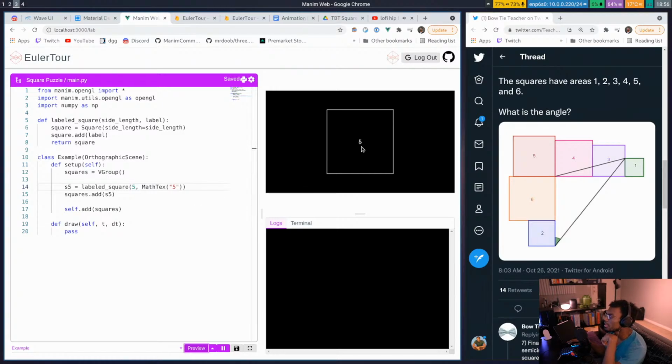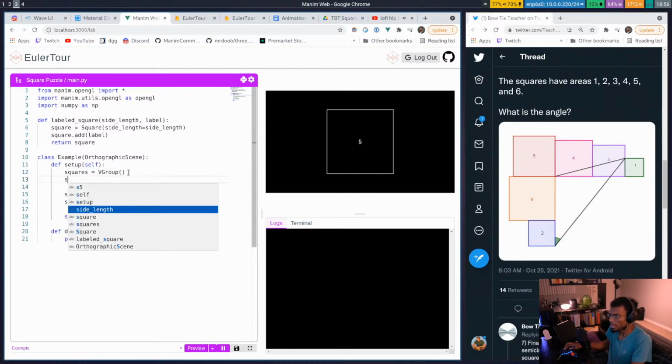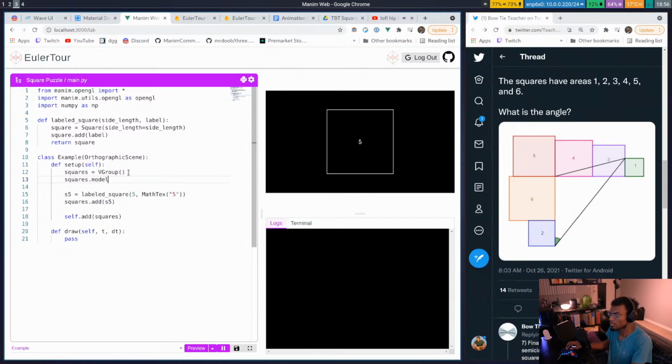I will want the LaTeX to have a constant size. I don't think I want that to be scaled. So if I do like squares, that model equals scale. And then what I want to do is scale this.